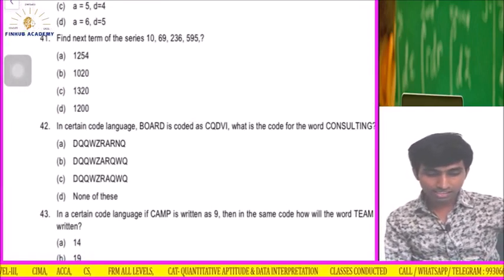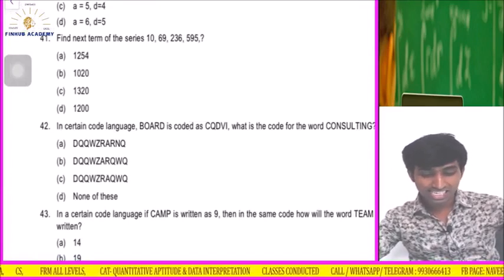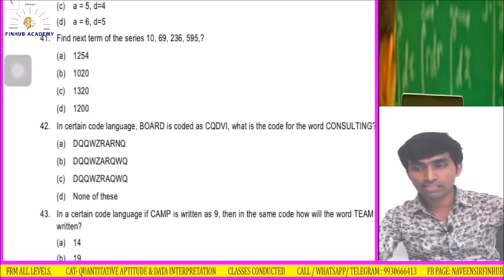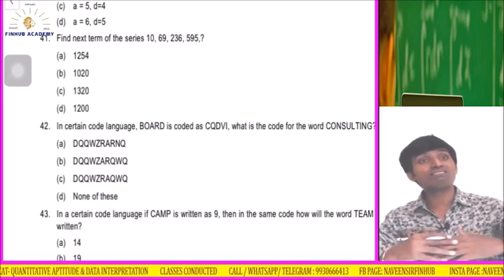Find the next number of the series. 10, 68, 236, and then 595. If you see, it's drastically increasing.